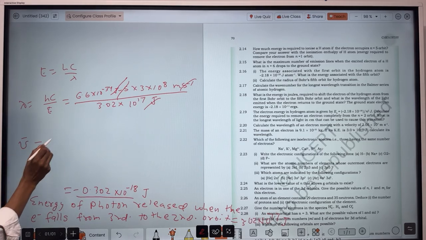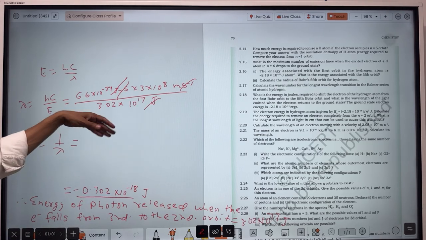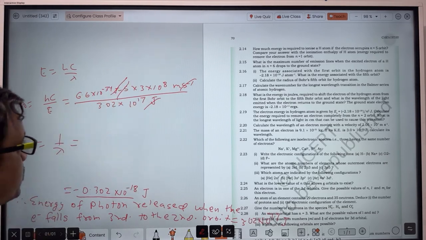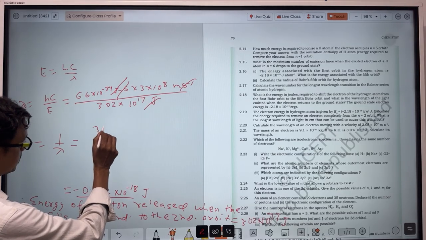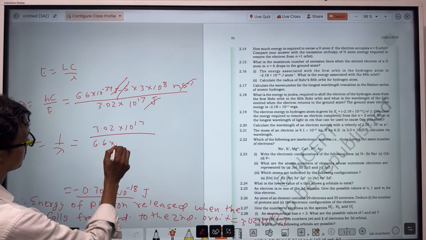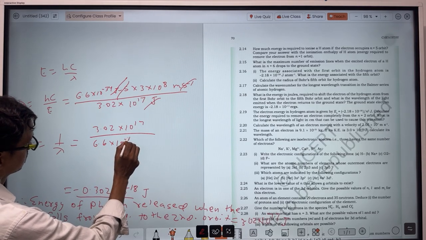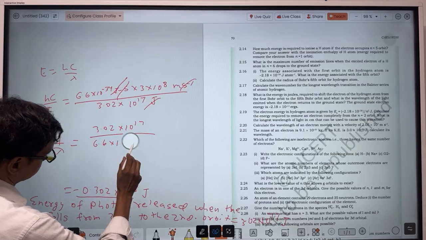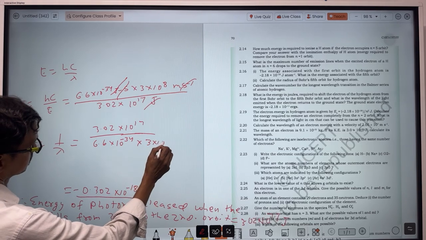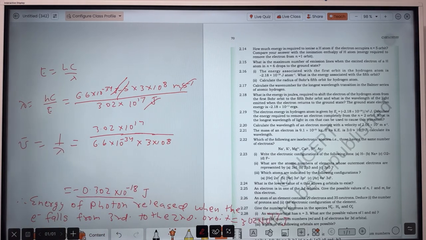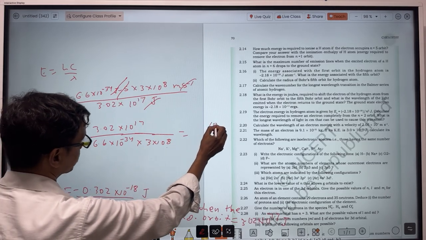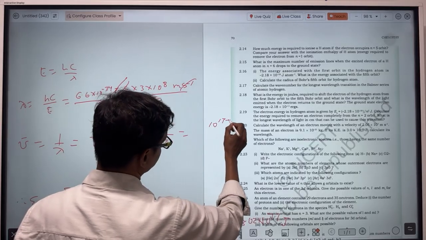And you have to find out the wave number, that means 1 by lambda. So what is in the denominator will come in the numerator, and what is in the numerator will come in the denominator. So that will be equal to, it will go above, and the power becomes 10 raised to the power of 17 plus 34 minus 8.